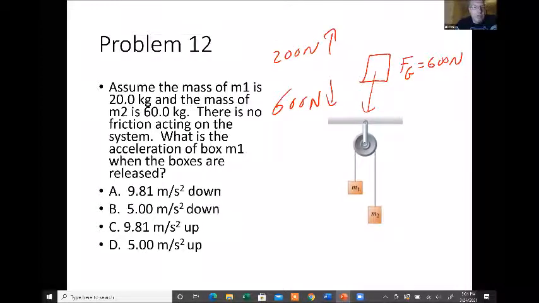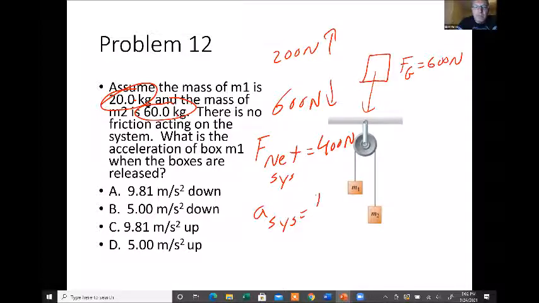That, I hope, tells you that there's a net force acting on the system of about 400 newtons. That's the net force acting on the system. That net force acts on both pieces of the mass. So it acts on 60 kilograms and 20 kilograms. So if we want to find the acceleration of the system, let's just use Newton's second law.